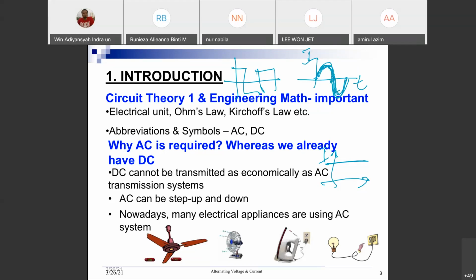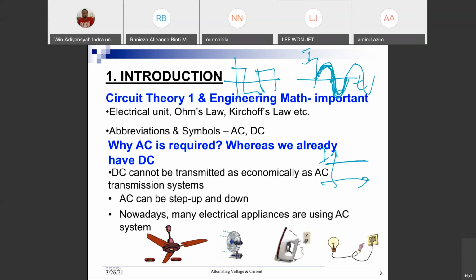Then zero, maximum, zero, minimum, zero. AC can be stepped up and down using a transformer. Nowadays, many electrical appliances use the AC system.